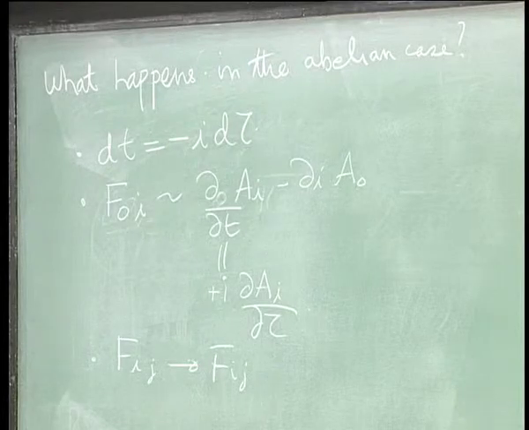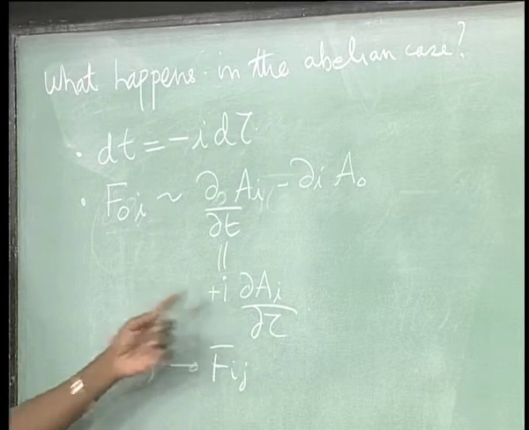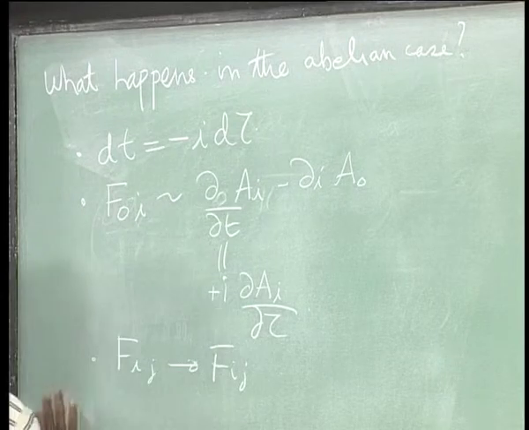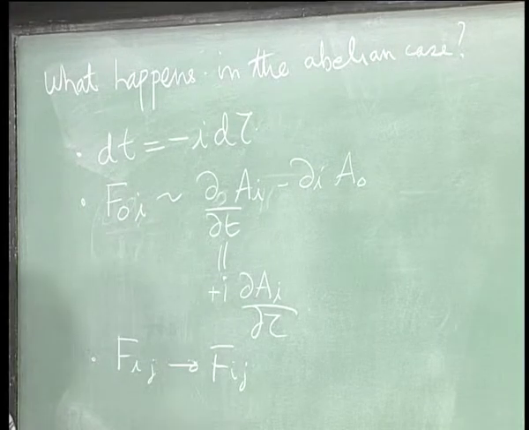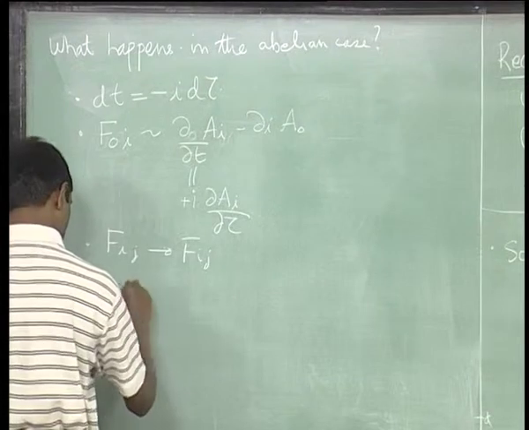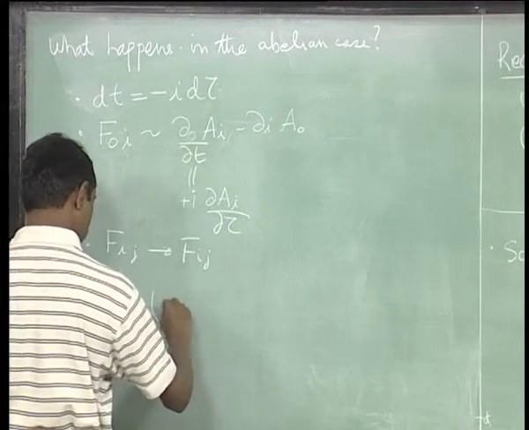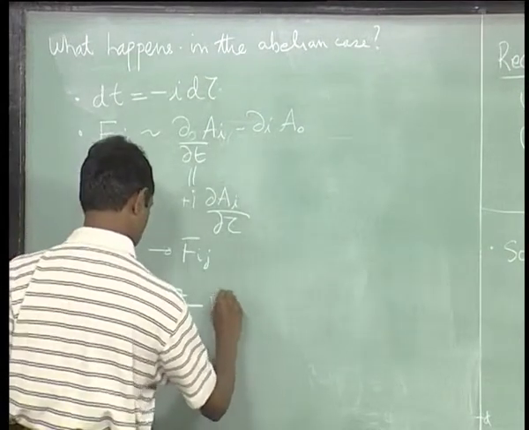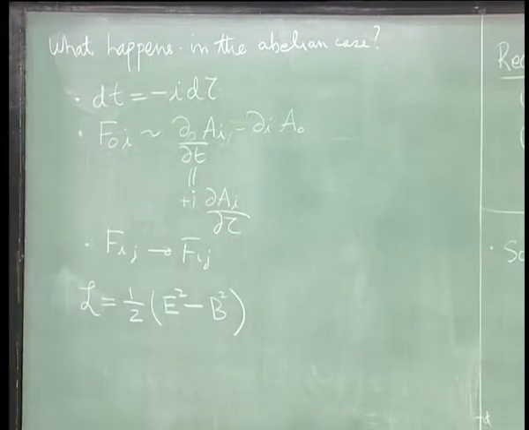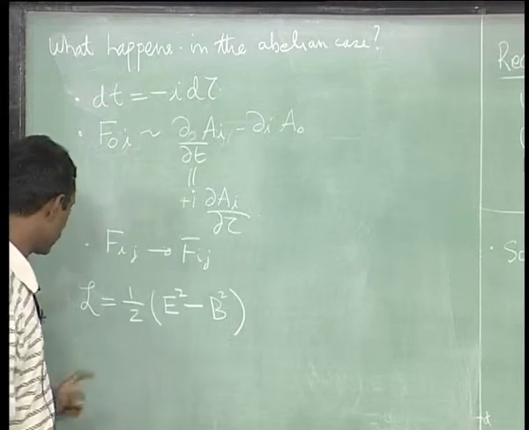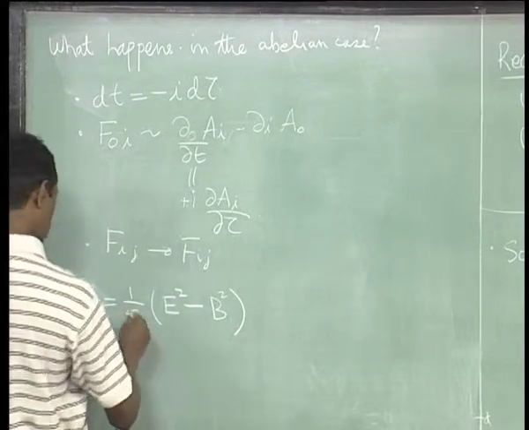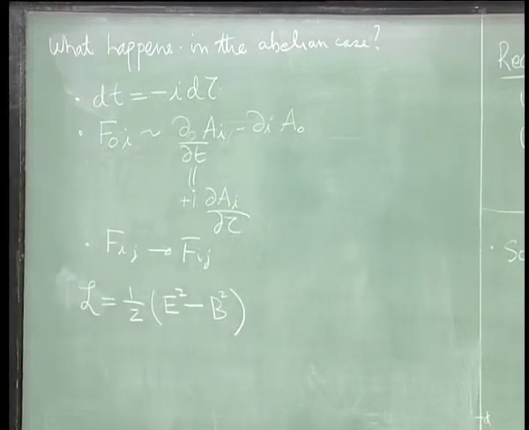So the only thing which picks up a funny factor of I is this thing, and so you can see that the Lagrangian density was half E square minus B square, okay. And so what happens is, no, this was correct, yeah, it is half E square minus B square, right.